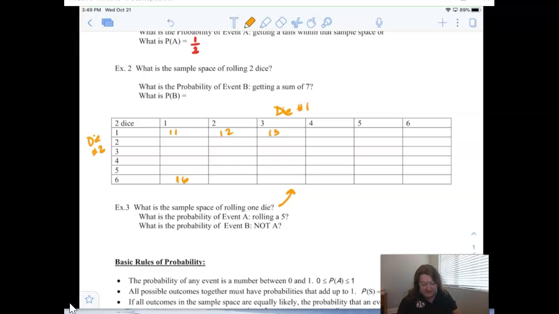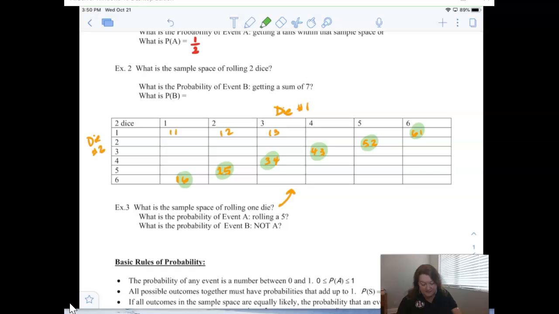So I have this one right here. I could get it with a 2 and a 5. That would be like right here. I could get it with a 3 and a 4. So that would be like right here. I could get it with a 4 and a 3, a 5 and a 2, or a 6 and a 1. So you can kind of see how many different places I could get a sum of 7.